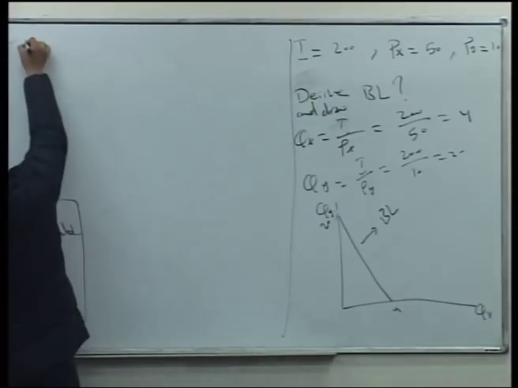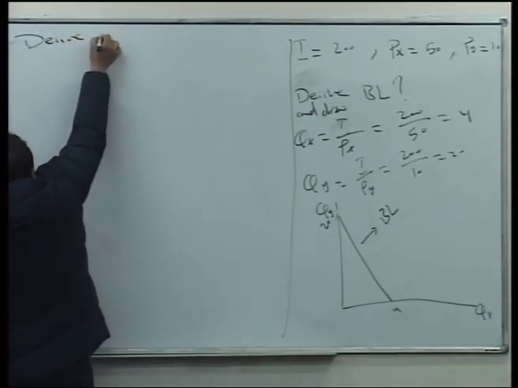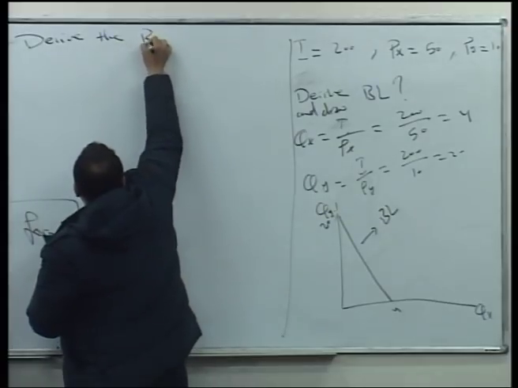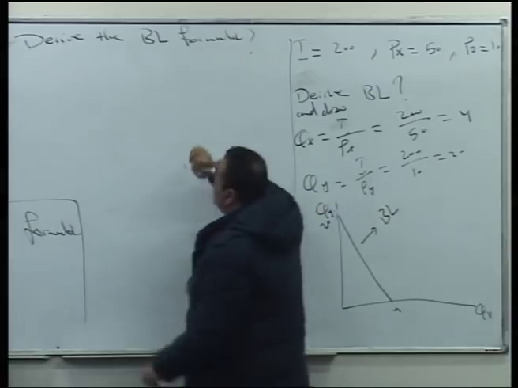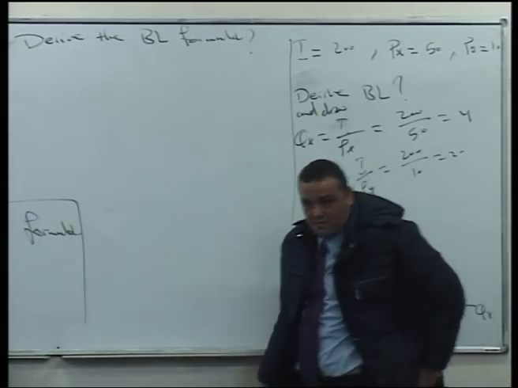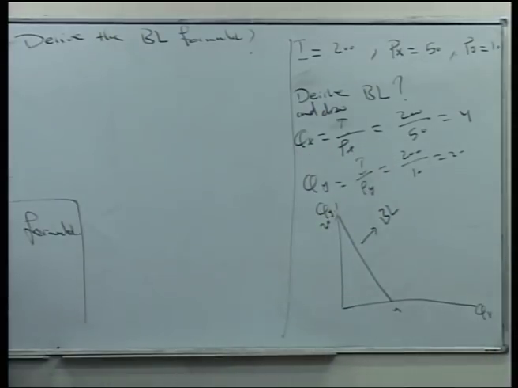How can we derive the budget line formula? We have to write the general formula here.